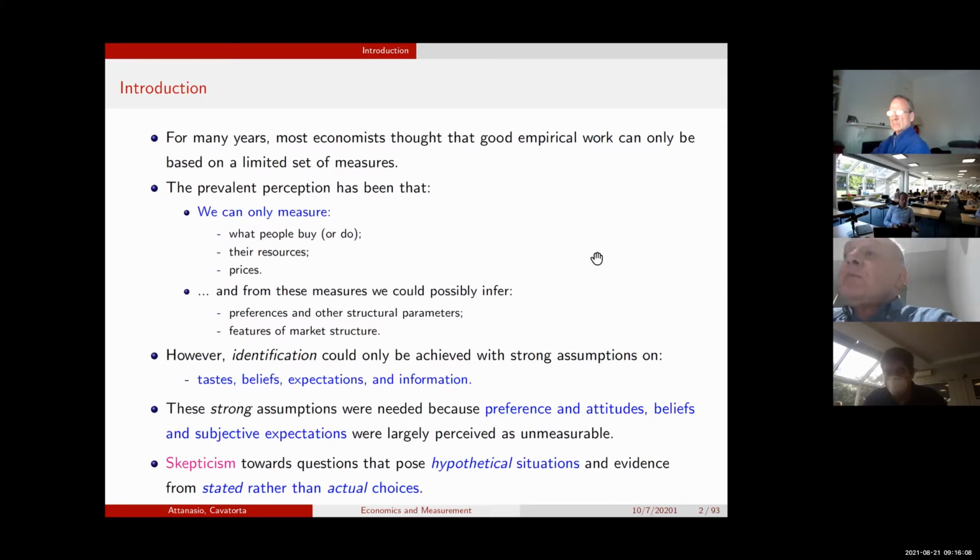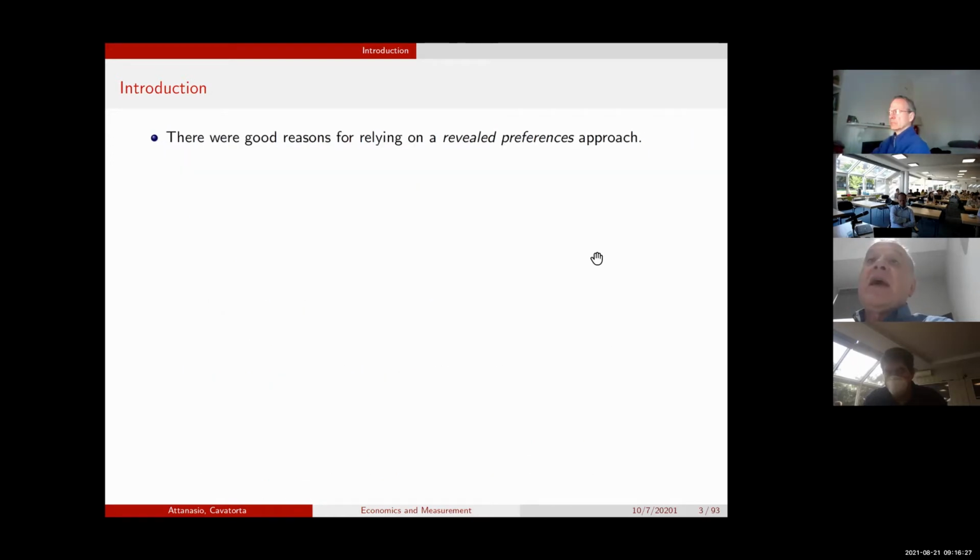And instead, the evidence should be based on actual rather than stated choices. So economists were quite skeptical about asking questions like, what would you do if the situation was like that? Now, there are very good reasons for relying on a revealed preferences approach.